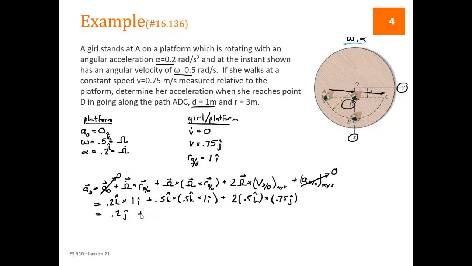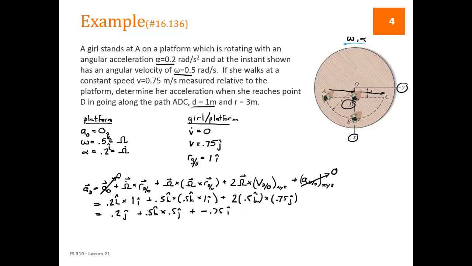And then here we've got 0.5 k hat, and we do the part inside the parentheses first: 0.5 k hat crossed into 1 i hat, positive k crossed into positive i gives us positive j, so 0.5 j hat, plus 2 times 0.5 is 1 k hat crossed with 0.75 j hat, so positive k hat into positive j hat gives us negative i hat, so minus 0.75 i hat.